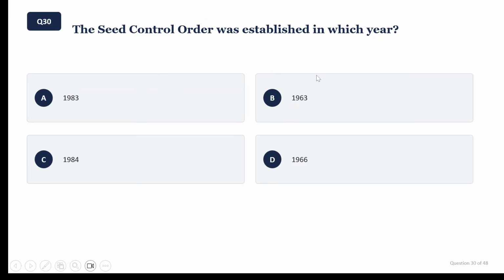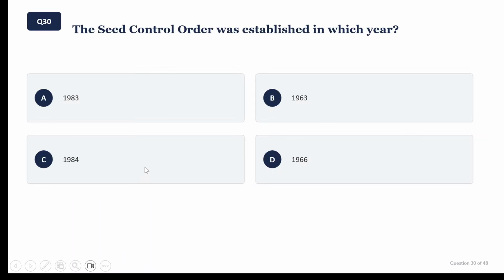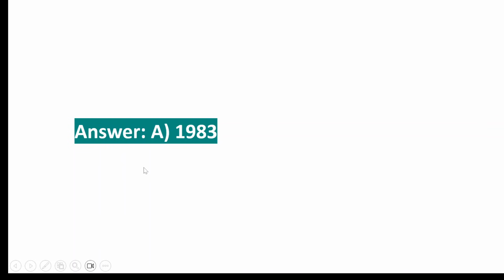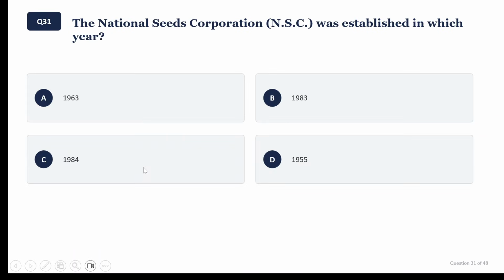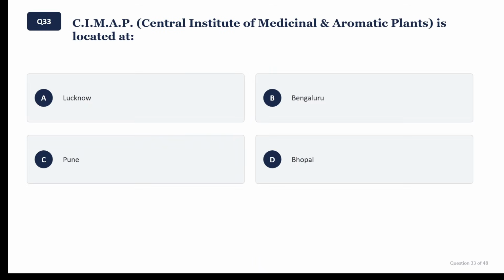Establishment year of NSC, 1984: National Horticulture Board established, and Seed Control Order was passed in 1983. National Seed Corporation, we already covered it, 1963. NHB, we already covered it, 1984.